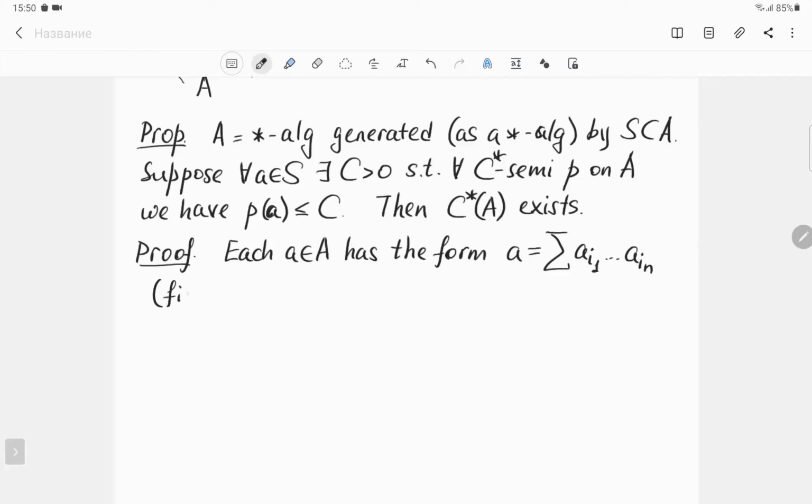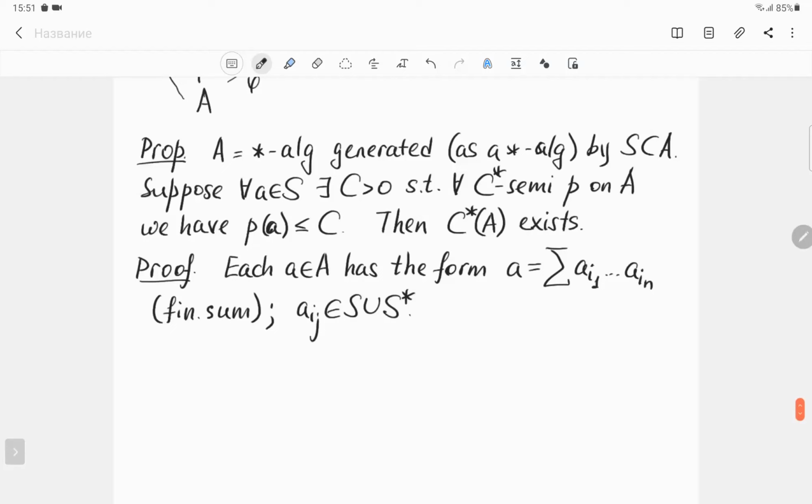This is a finite sum where each element a_ij sits either in S or in S star, simply because such a representation is always possible, simply because A is generated by S as a star algebra.